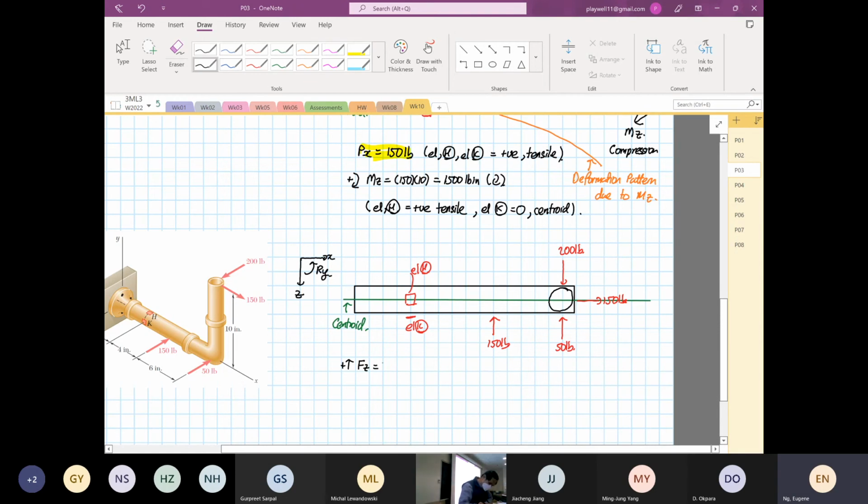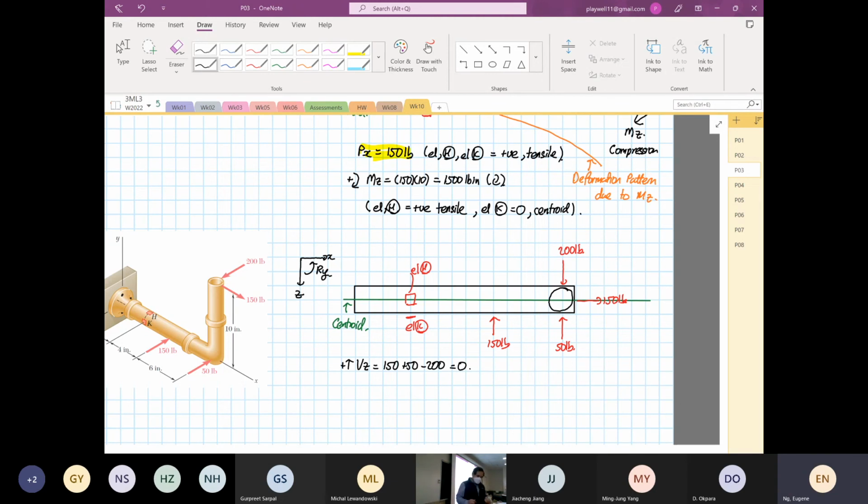So 150 plus 50 minus 200 is equal to 0. Sorry, not FZ, it's VZ. Your VZ is 150 plus 100 minus 200, equal to 0. So the shear force in the Z direction is 0 for this case.